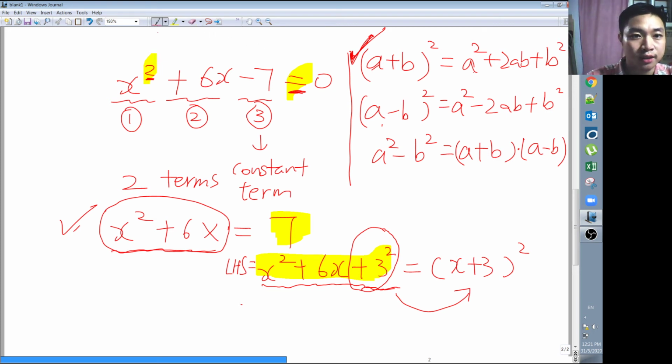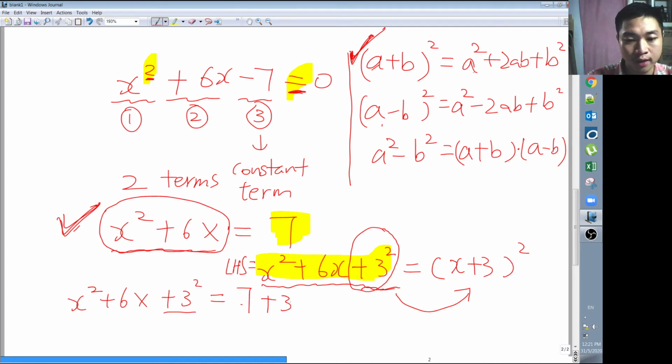You have already introduced plus 3 squared to the left hand side. In order to not invalidate this equation, you should also introduce a plus 3 squared on the right hand side, just to balance both sides.